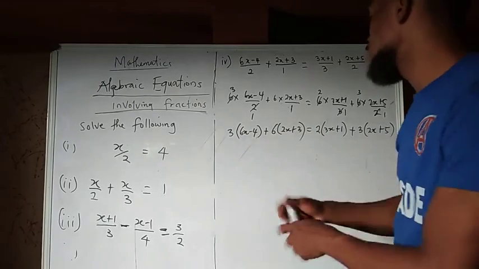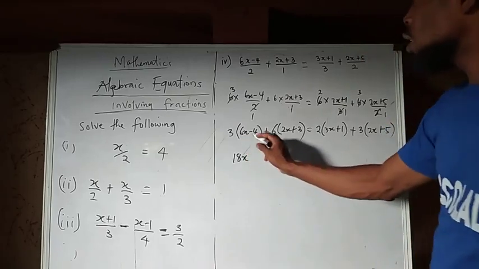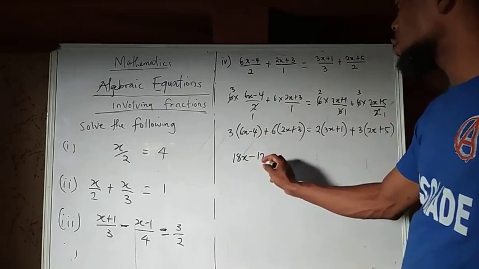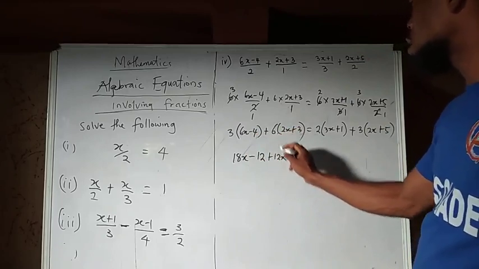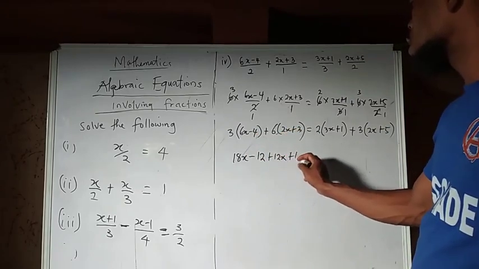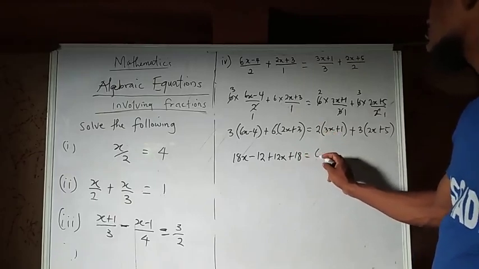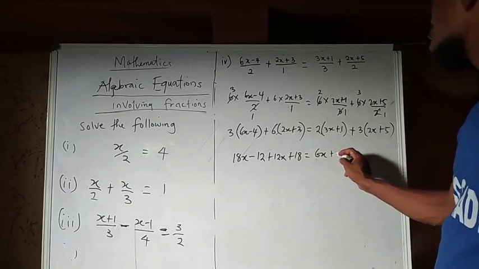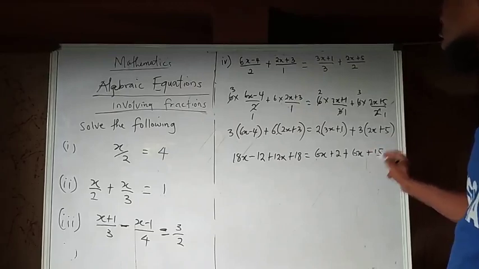So let's expand this. 3 times 6x is simply 18x. 3 times minus 4 is minus 12. 6 times 2x is 12x. 6 times 3 is 18. Equals 2 times 3x is 6x, 2 times 1 is 2, plus 3 times 2x is 6x, 3 times 5 is 15.